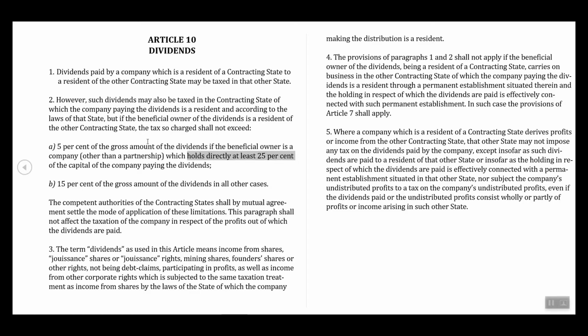That's not our case, because our beneficial owner is Mr. A, a natural person and not a company. So we end up with the applicability of 15%. So letter B, Farawaystan can also take a tax, and that tax can be 15% of the gross amount of the dividends. So let's write that down again.